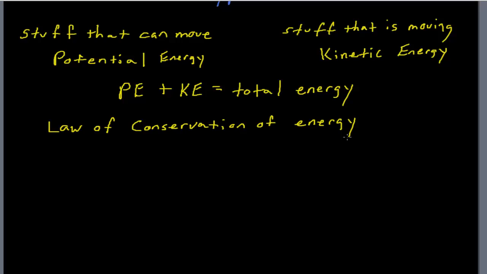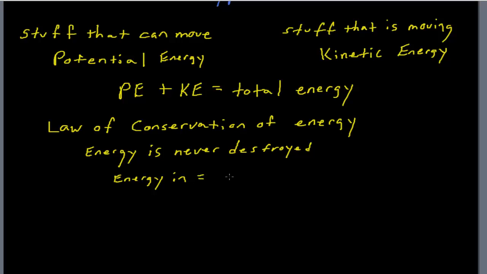And what the law of conservation of energy tells us is that energy is never destroyed. Another way of saying that might be that energy into a system has to equal the energy out of a system. Okay?